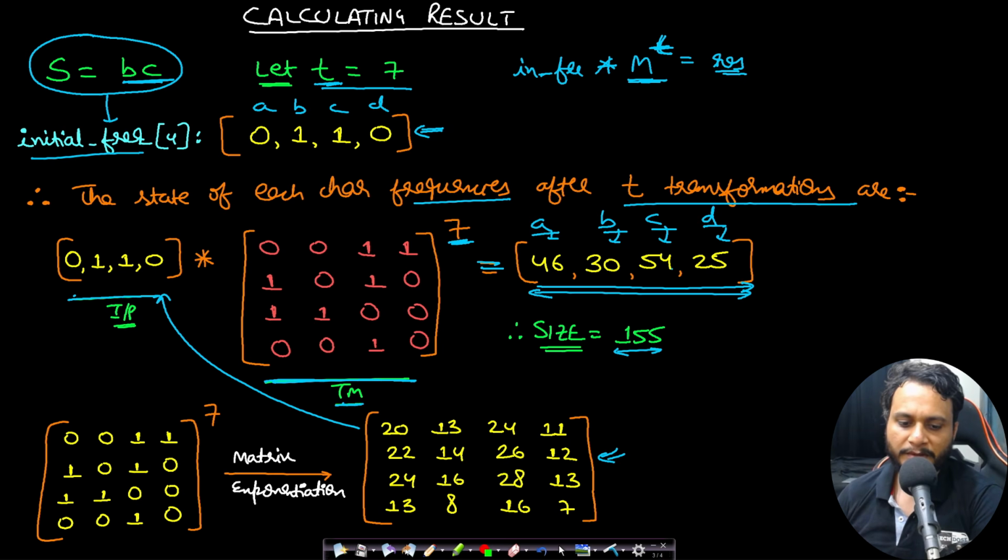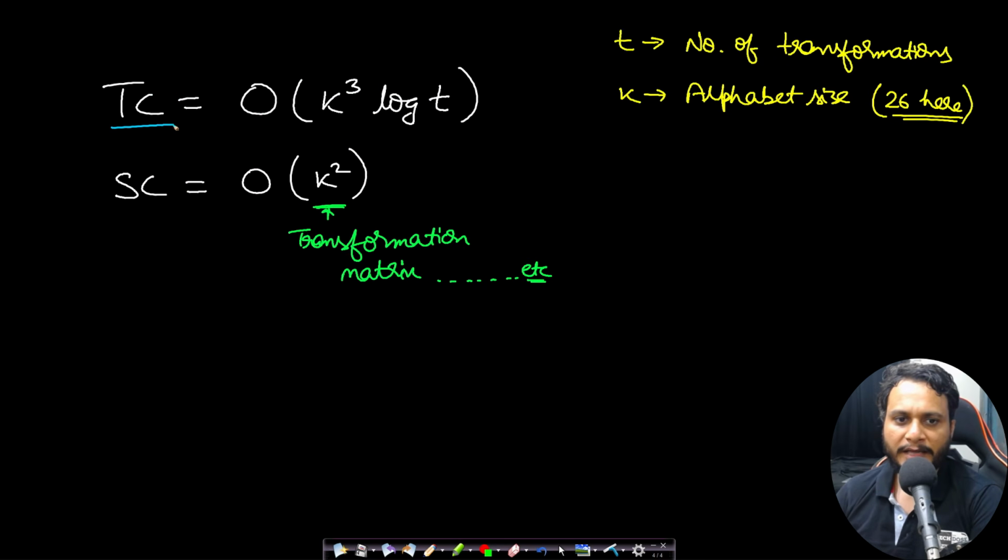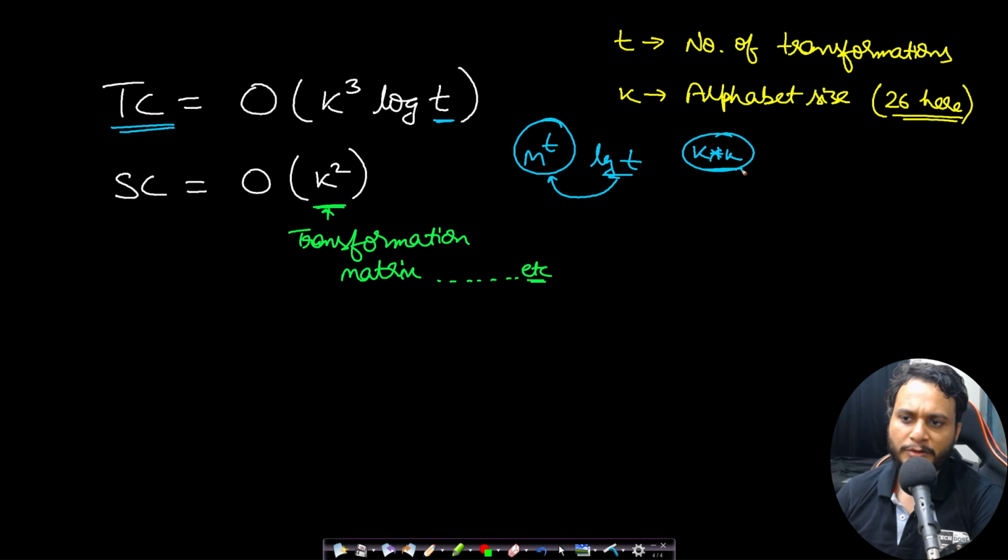That's all. Now the time complexity of this approach is k cube log of t, where t is the power of the matrix. So it will be calculated in log of t steps, but since the matrix is of size k by k, each operation on the matrix is like multiplying the row elements with column elements, adding them together to get a single element in the result.